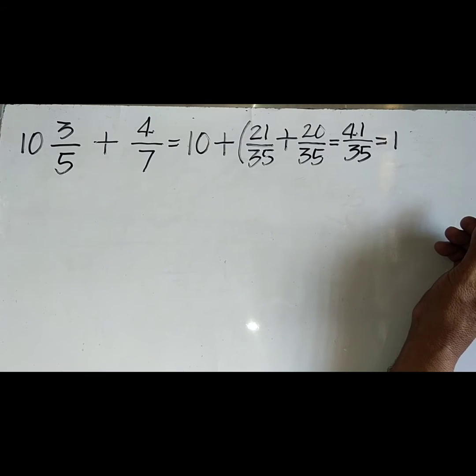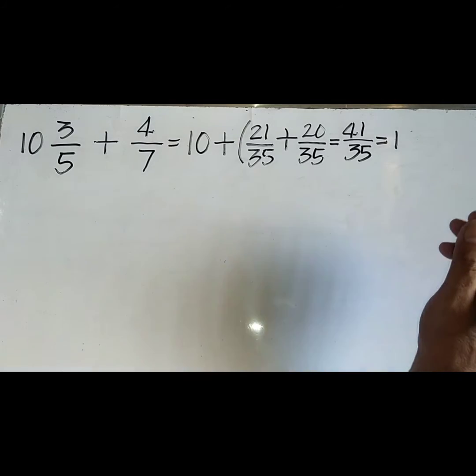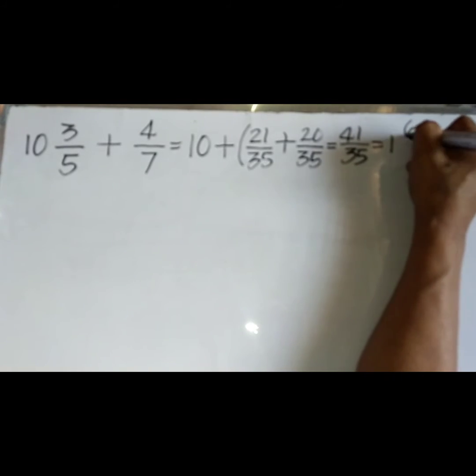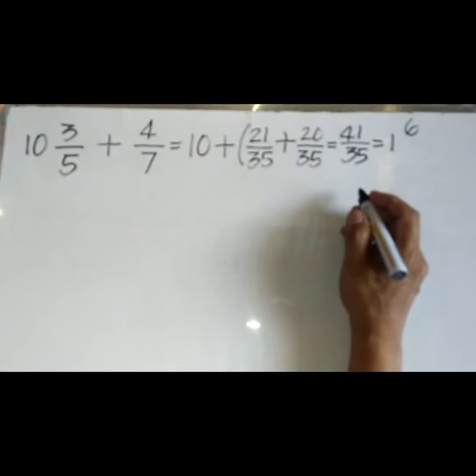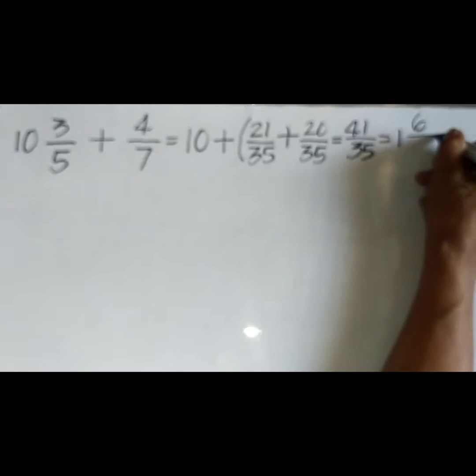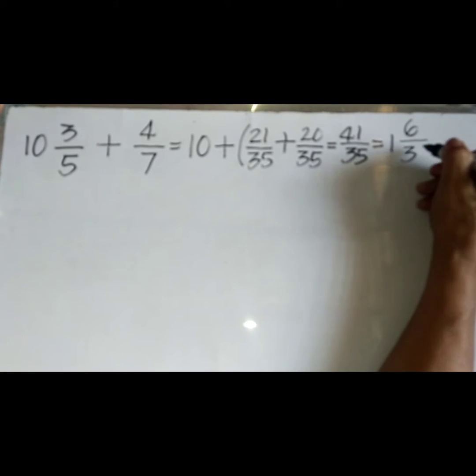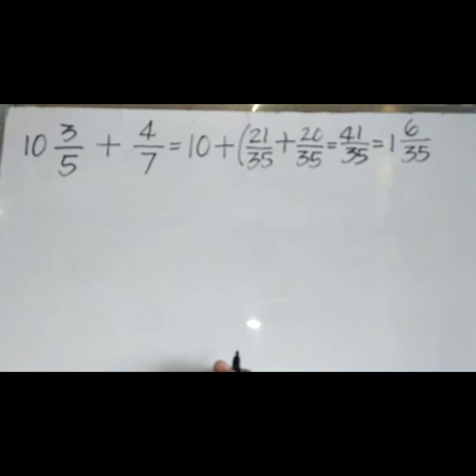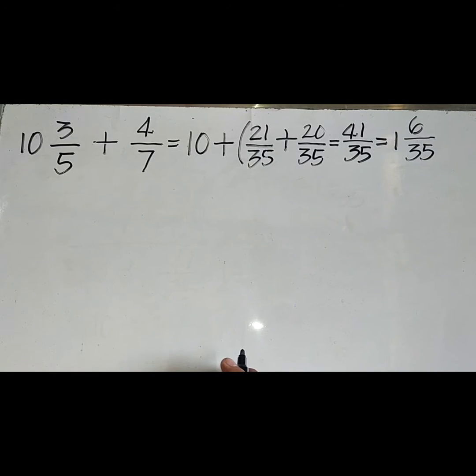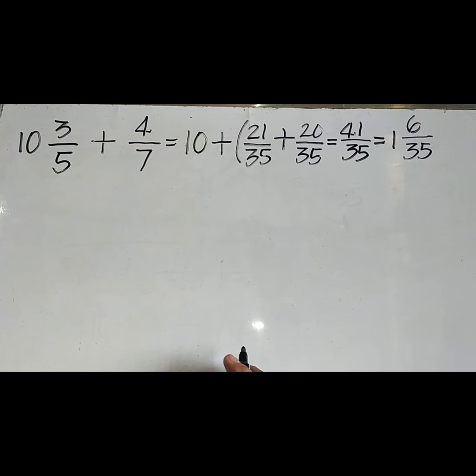We cannot divide it anymore by 35, so 6 will now become your numerator for the fraction, and the divisor 35 will become your denominator. So this will now be your result when you change an improper fraction to a proper fraction.